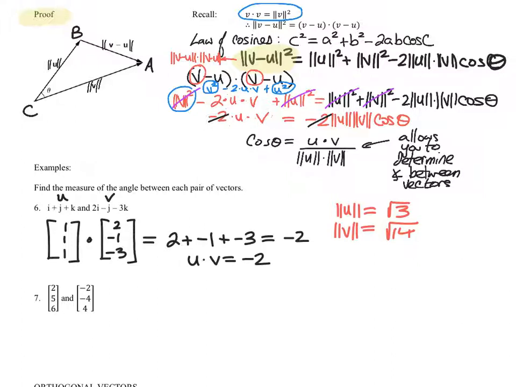So cosine of theta would be equal to the dot product, which is negative 2, over the product of the magnitudes of u and v, which would be the square root of 42. Just doing the quick mental math, ideally correctly. And so theta is going to be the inverse cosine of negative 2 over root 42.